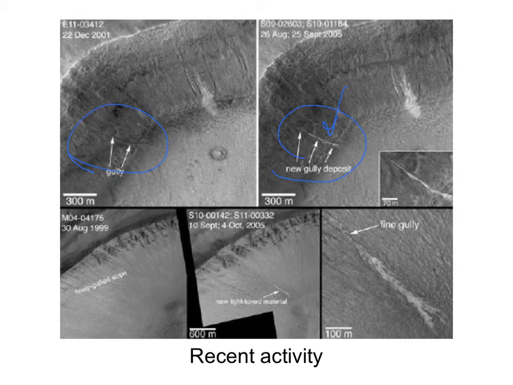So it's this kind of recent activity that, first of all, got people very excited about the gullies because, hey, something actually is occurring on a human timescale here on Mars. And also provided evidence that it's not just a remnant of past glacial kinds of activities.